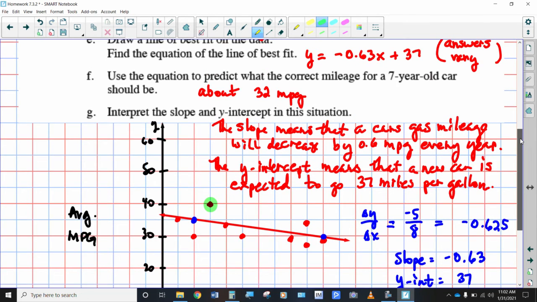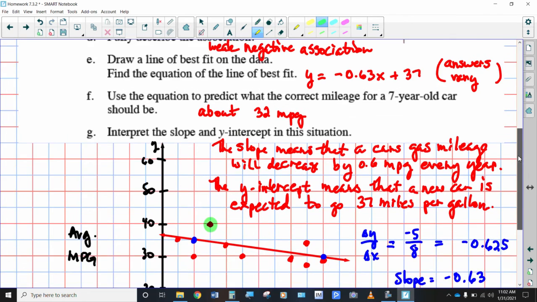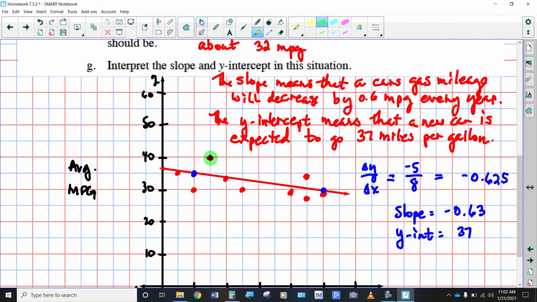Well, definitely negative there. So draw a line of best fit for the data and find the equation that fits. Okay, so it looks like our y-intercept, let me get rid of that, the y-intercept appears to be around 37. Put that right there. And then the slope ratio, if we take 2 lattice points on the graph, you figure out that it goes down 5 for 8 years.